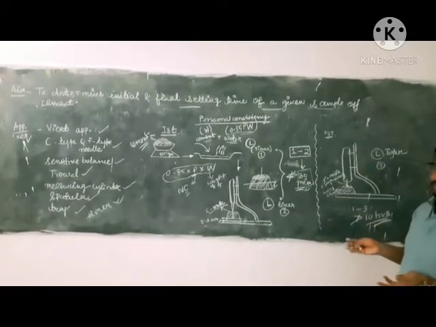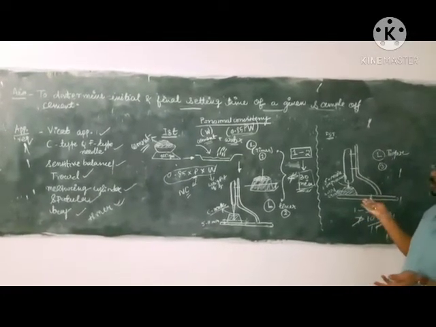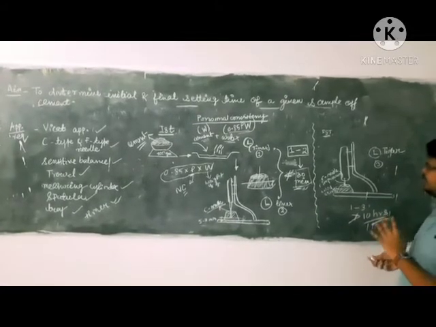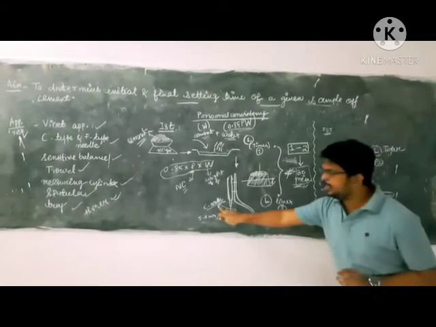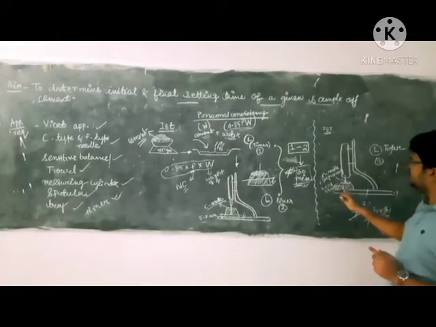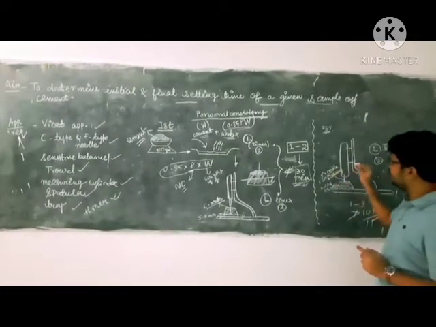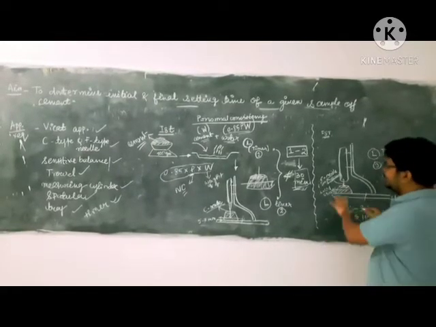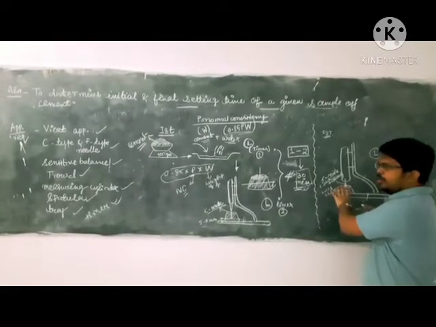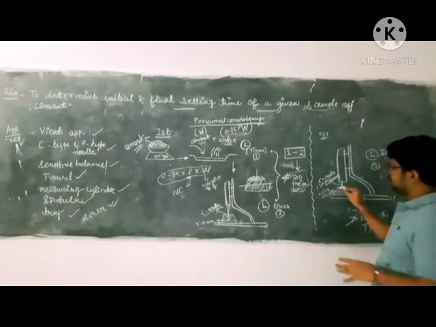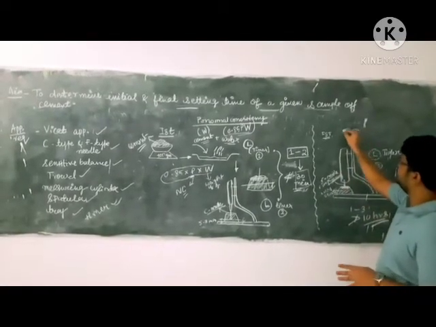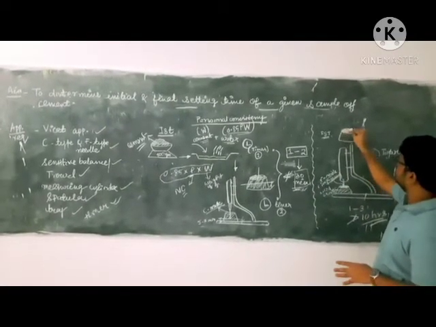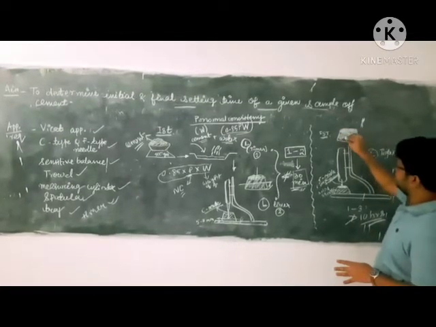Let's move to our second component, that is final setting time. In place of the C needle, we will use the F type needle and note the time when the needle tip makes an impression on the surface of the sample. Suppose this is the mold filled with our sample.